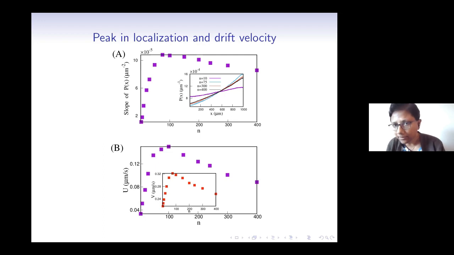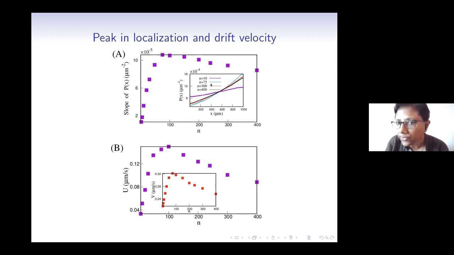I don't have time to present the model details, but my model is essentially based on this signaling network. We model the sensing module, adaptation module, and we model the receptor cooperativity. And here we have shown that suppose we consider a linearly varying nutrient concentration in space, then the position distribution of the cell P(x) also varies linearly, and the slope of that distribution could be one measure of the chemotactic response.